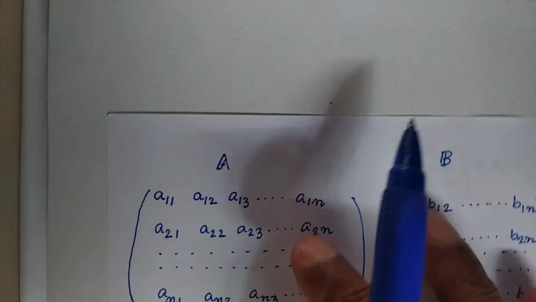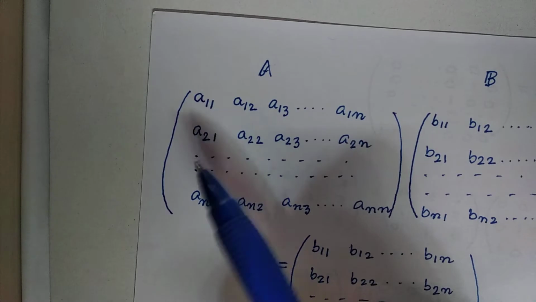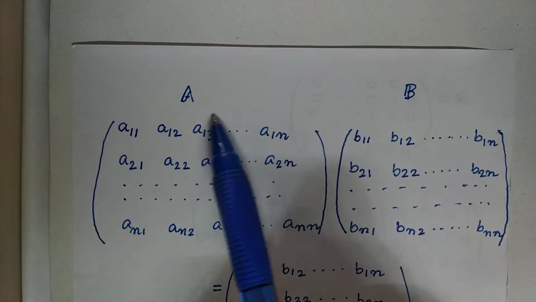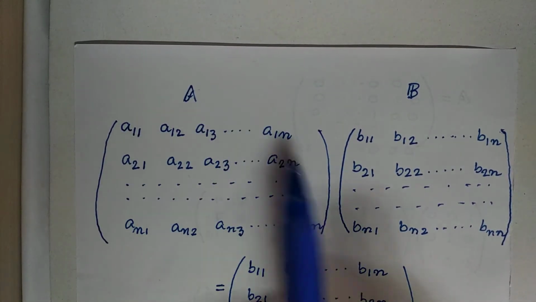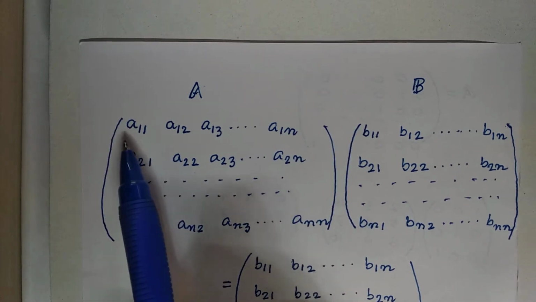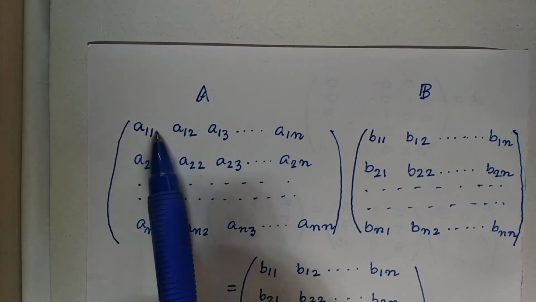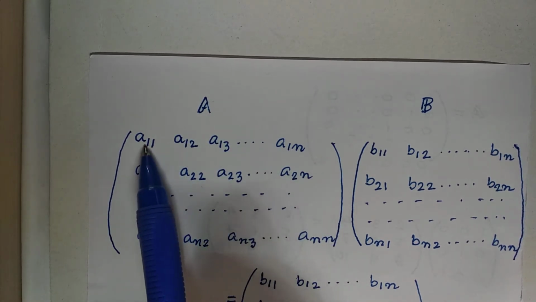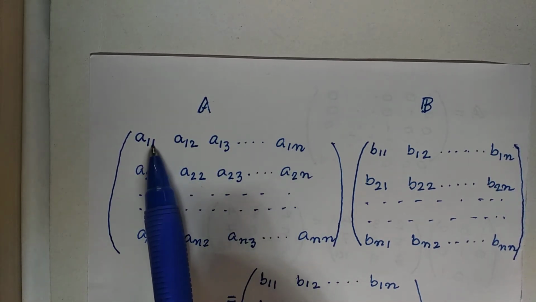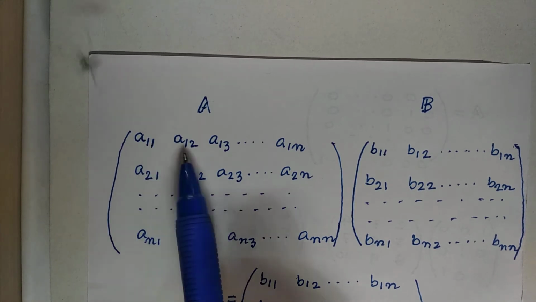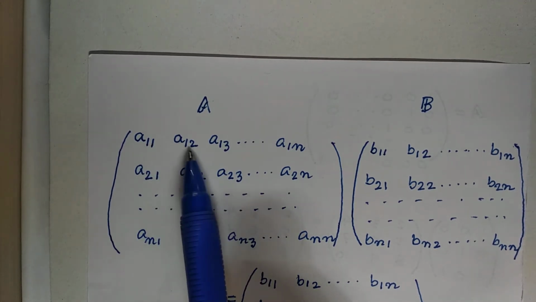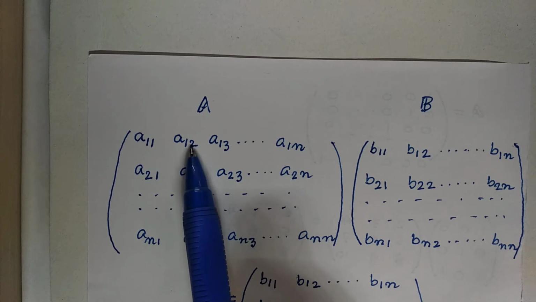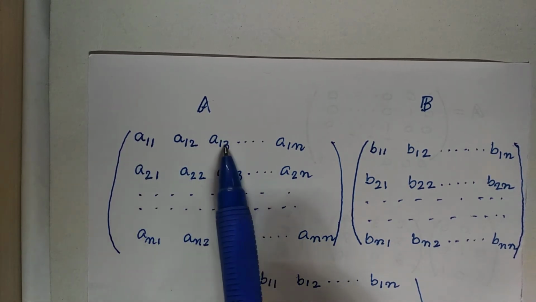Let us now explicitly write down the matrix elements of the matrices. Suppose A is a matrix like this. Here A11 means the element of the matrix A at the first row, first column. Similarly, A12 means element at the first row, second column. A13, A1n.